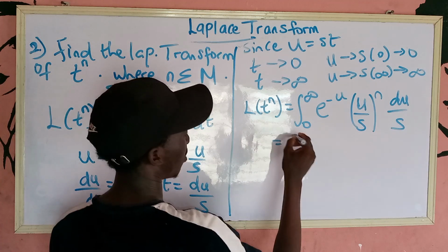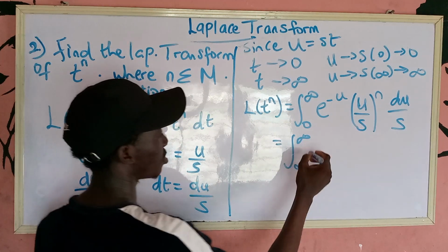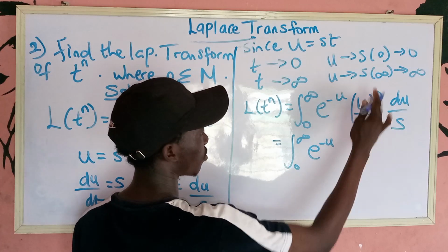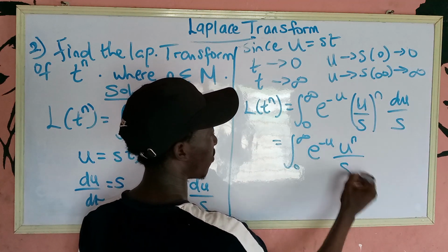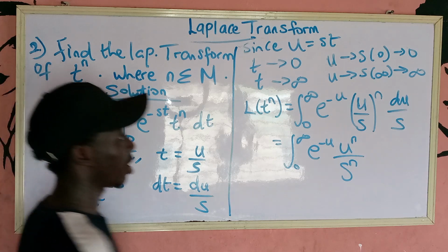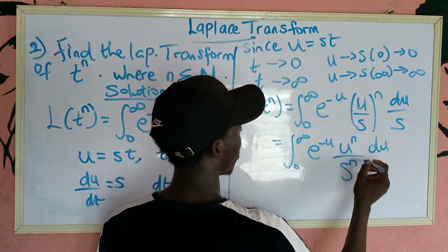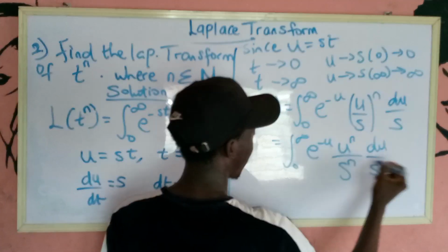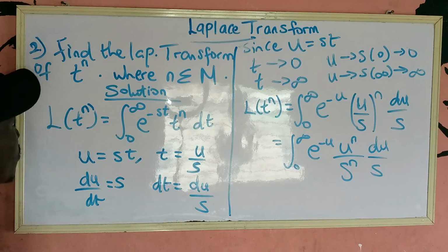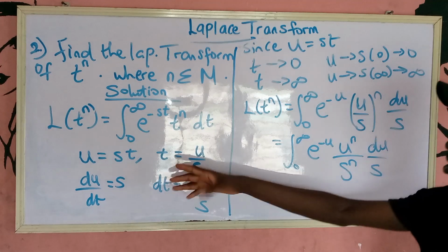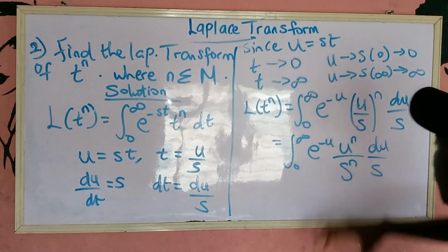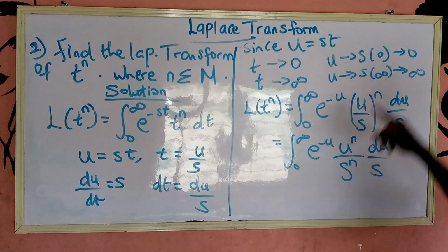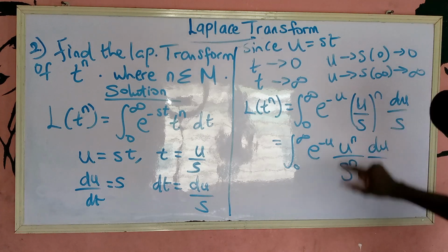So from there you can have, from 0 to infinity, e raised to power minus u, and from indices, this is u raised to power n over s raised to power n, and then you have the 1 over s here. You can see I did the substitution. I have this form: e raised to power minus u, u raised to power n, du.